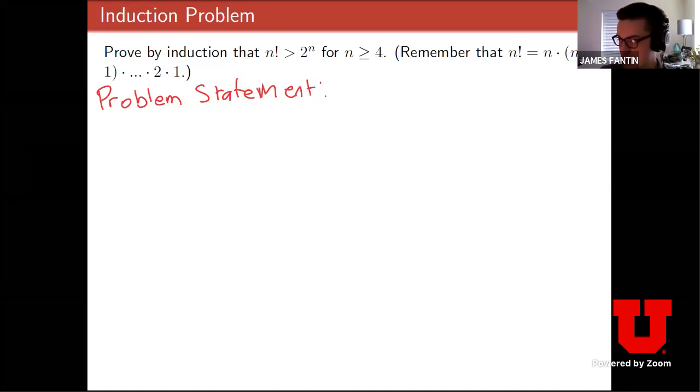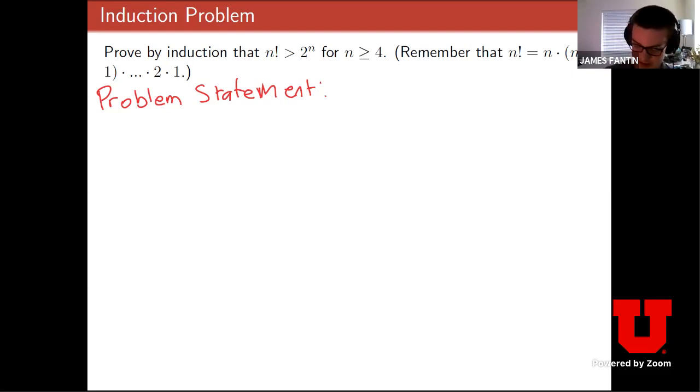So close, we had somebody say n factorial greater than 2 to the n, perfect. So our statement P of n would be that n factorial is greater than 2 to the n, and then we need the caveat for n greater than or equal to 4 in this case.